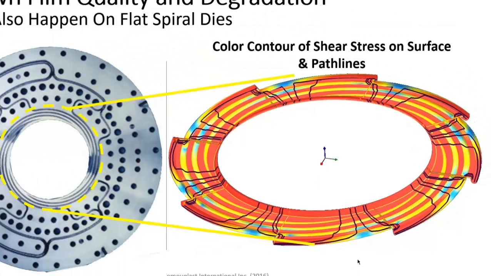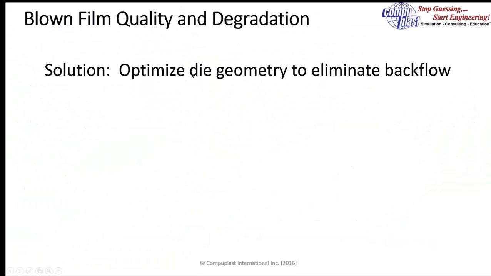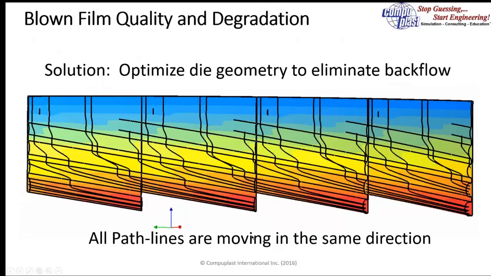So once we understand this, the solution is to optimize the die geometry to eliminate the backflow and ensure that all path lines are moving in the same direction along the spiral channels. Then you know that you're not having a stagnant region and you're not forming any straight through weld lines that will give you this problem.